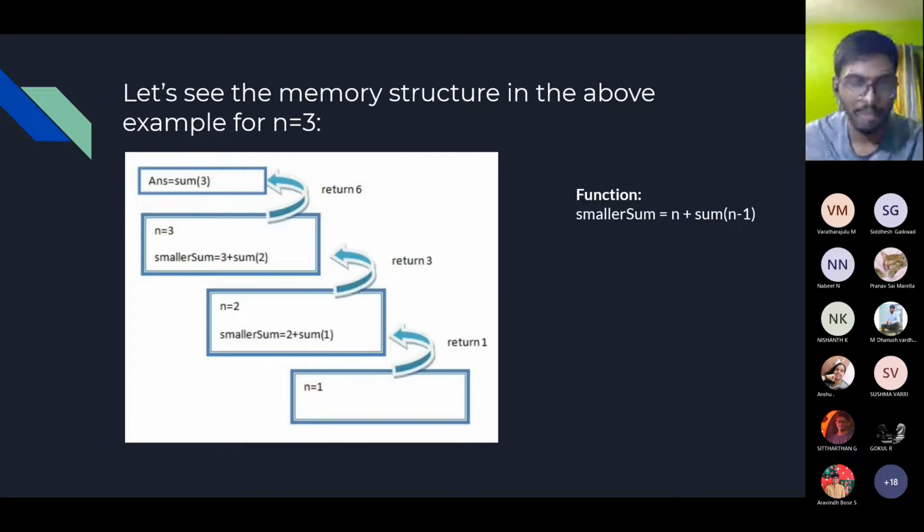In the first function, it's the same similar function. So we are initializing n equal to 1. Then we are calling the smaller sum function, and now we are initializing n equal to 2. Then we get a smaller sum. Then we are again calling the same function.